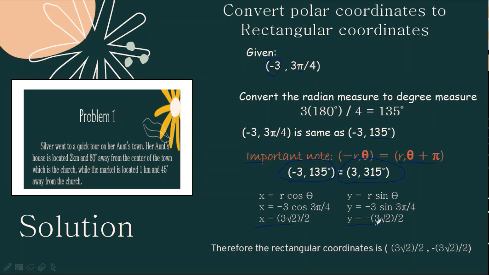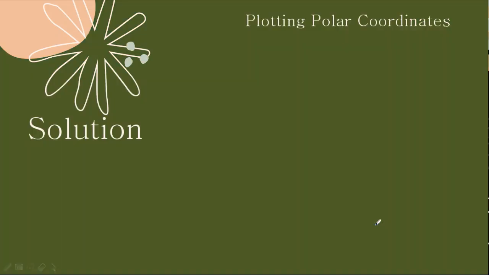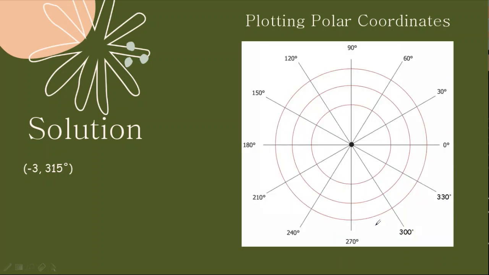So that's it. Or wait, we need to plot it first. Okay, so negative 3, 315 degrees. In plotting a negative radius, we need to get the absolute value of it. So the absolute value of negative 3 is positive 3.